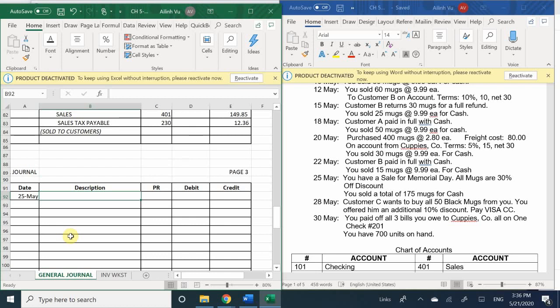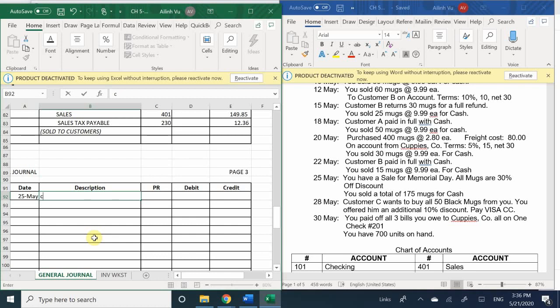So we had a Memorial Day sale. So what happened here? Sales discount, sales. Okay, good. You recognize sales discount. What did we receive? Cash. We received cash.